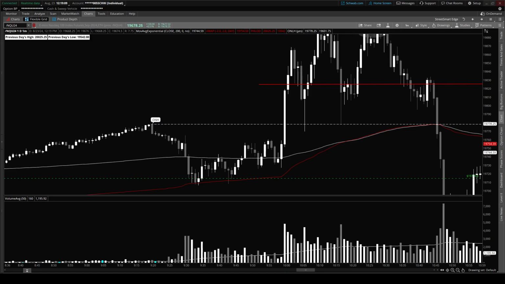You could see he posted it in the lessons learned tab, his stock journal. 19775, which is roughly right about here. Very good entry by him.